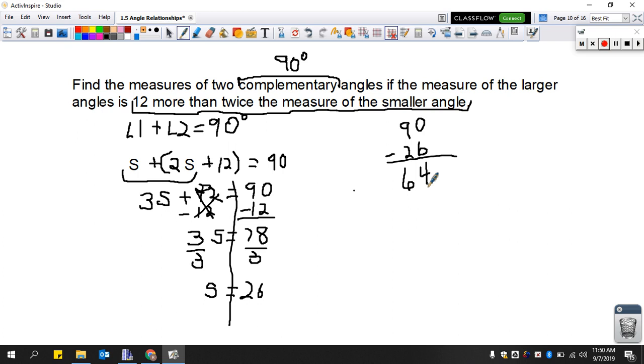If you want to double check that, we can plug the smaller angle, 26, into our little expression here. We would end up with, which is another alternative, 2 times 26 plus 12.